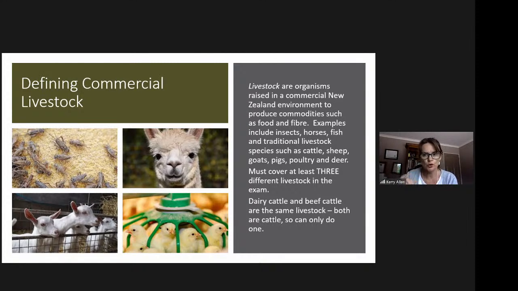Now, if you're not sure about a question, you are better to use a livestock that you are more familiar with than randomly choosing the livestock that they have given the context for. So if they have given the context or a picture of an alpaca and you know nothing about alpacas, please do not write about alpacas for your answers.